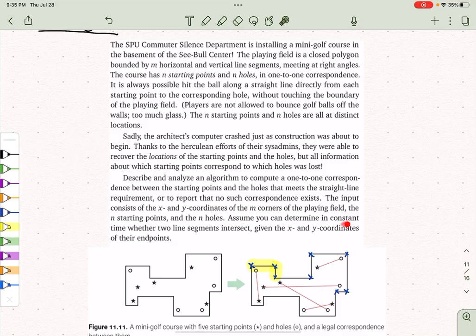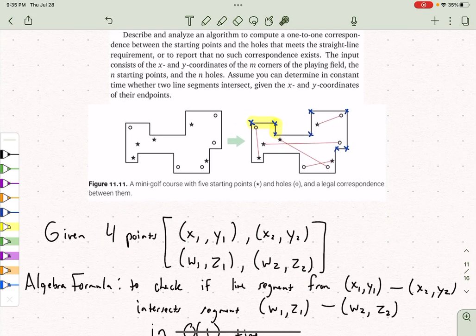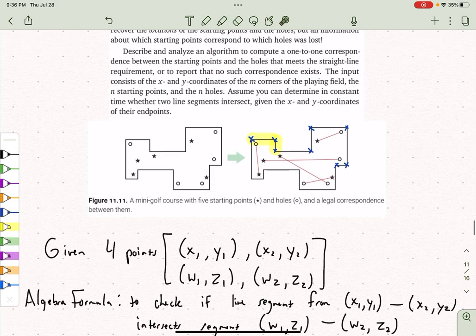And we can assume in constant time, we can determine whether two line segments intersect, given their x and y coordinates. So, like I just said, given xy coordinates, there exists a formula that lets you quickly check whether the two segments intersect. And we want to figure out which holes go with which starting points.